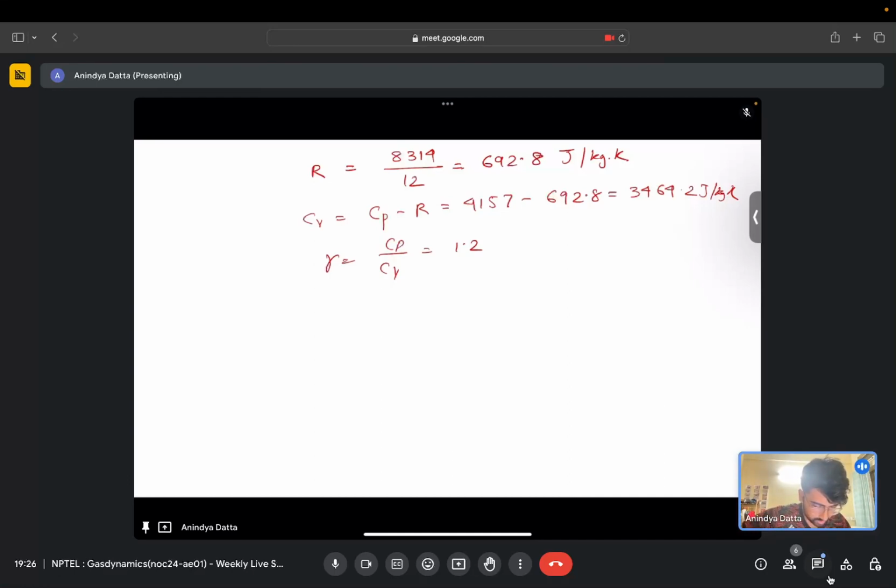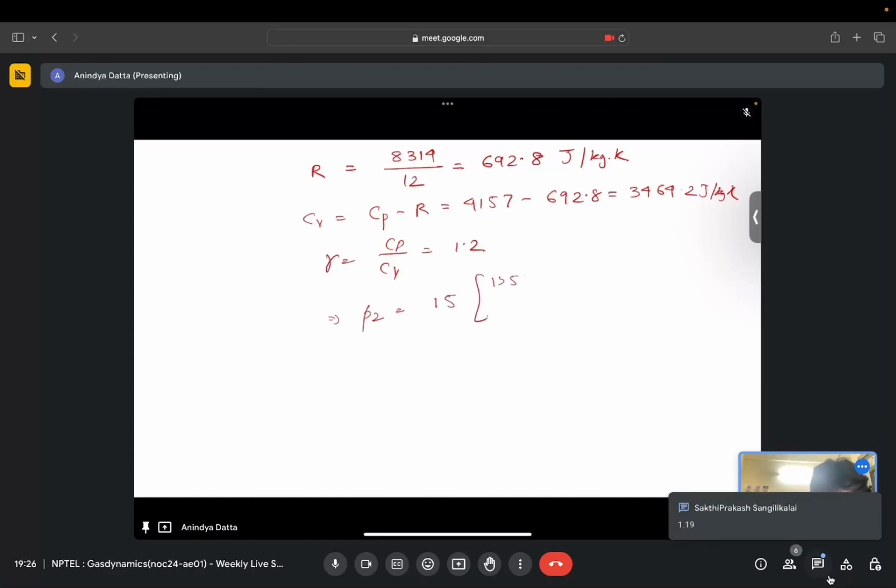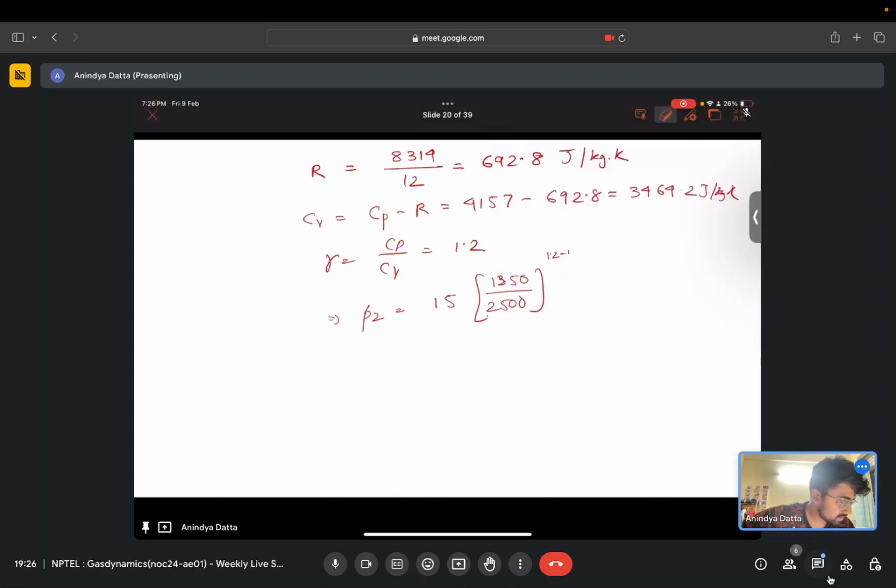So basically now P2 will be P02, which is 15, into 1350 by 2500 to the power gamma by gamma minus 1. So we'll get P2 as 0.372 atm.